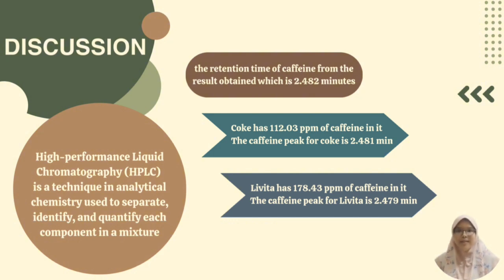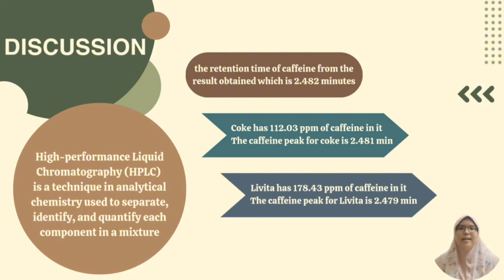From the chromatograms, the retention time of caffeine can be determined from the results obtained, which is 2.482 minutes. From the retention time, the caffeine peaks in the Coke and Levita chromatograms can be identified. For Coke, the caffeine peak is the highest peak, at a retention time of 2.481 minutes.